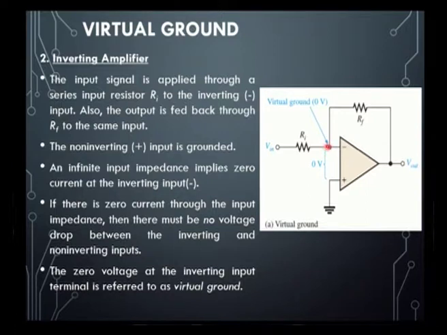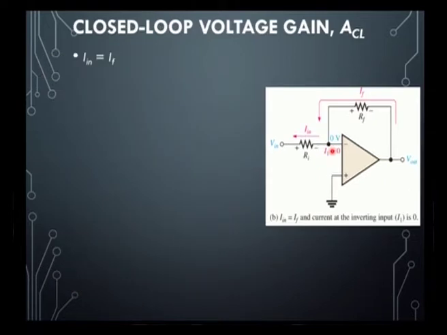This is a major concept that affects inverting amplifier operation, so it has to be known. The 0 voltage at the inverting input terminal we call a virtual ground. Next we are going to derive an equation for the closed loop inverting gain, the gain of a closed loop inverting amplifier.